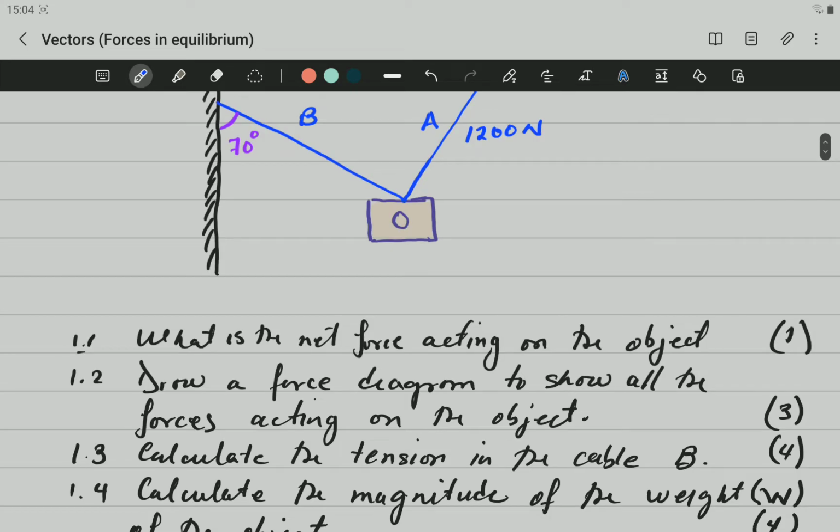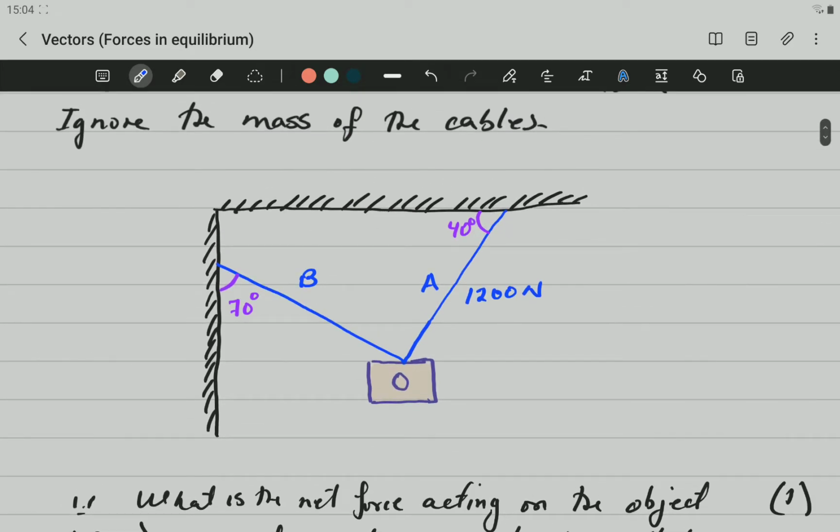The next one said draw a force diagram to show all the forces acting on the object. So I'm going to very roughly and small here draw on the box what forces are acting there. The first one is going to be the tension from cable A, which is going to be called TA or FA.